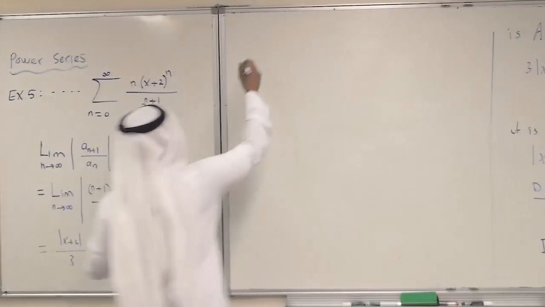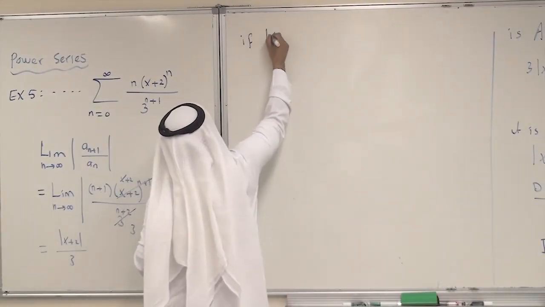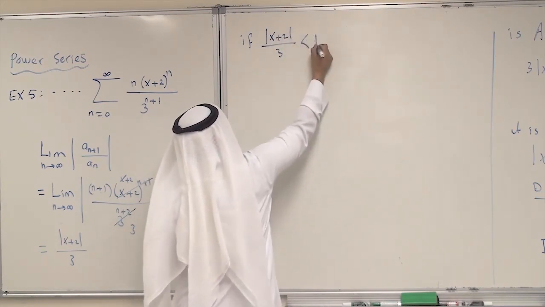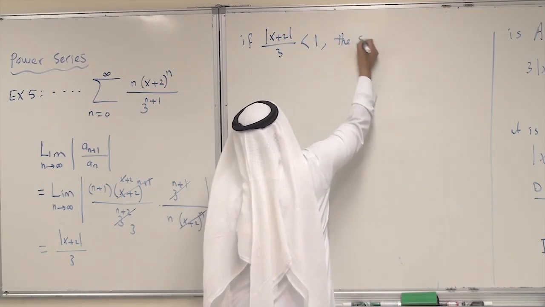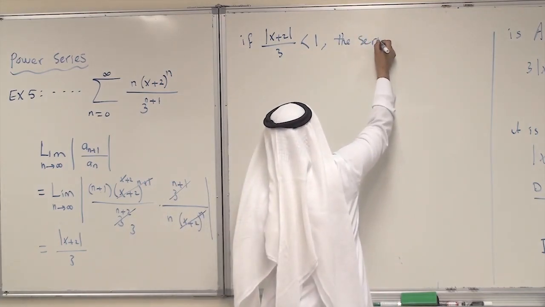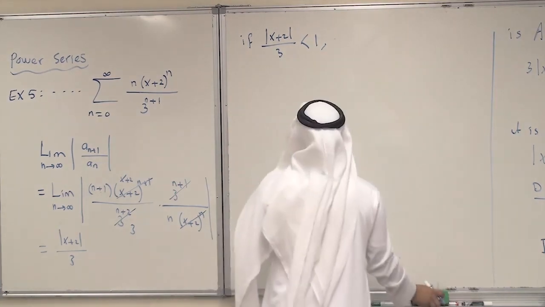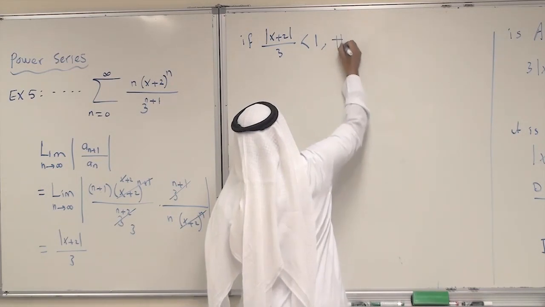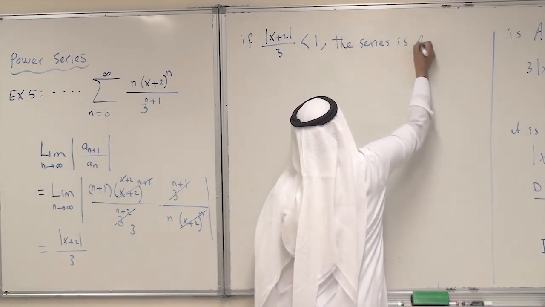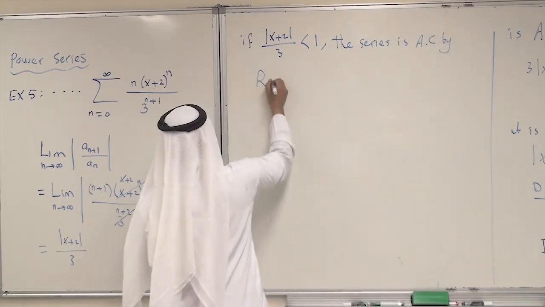So this implies that if this quantity, absolute value of x plus 2 over 3, is less than 1, the series is absolutely convergent by the ratio test.